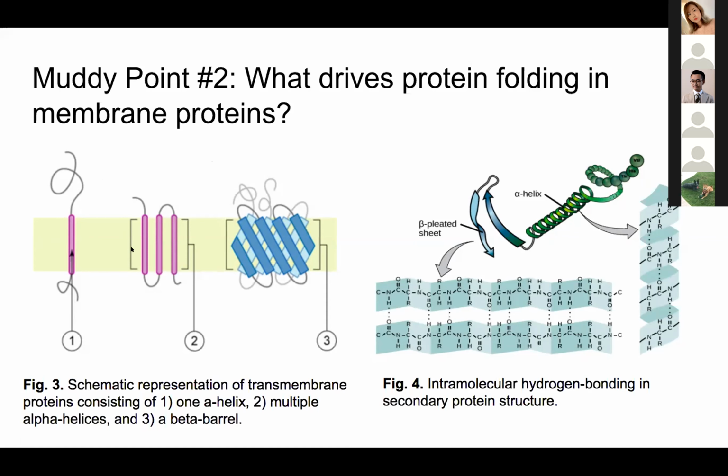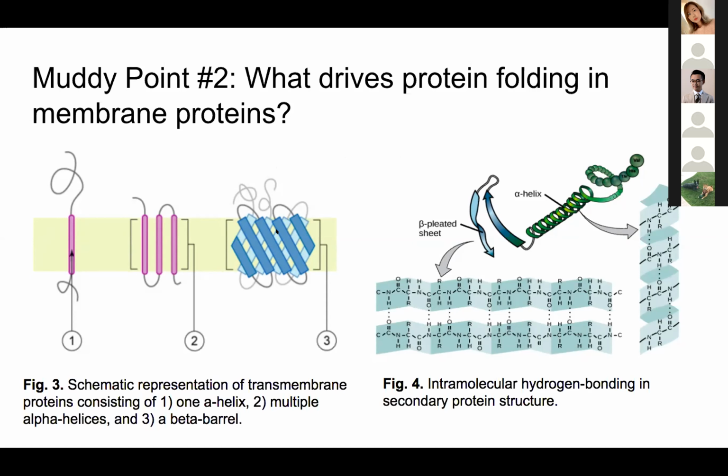But when you're inside the lipid bilayer, you can't get hydrogen bonding with the aqueous solution. You can only satisfy your hydrogen bonding by hydrogen bonding to yourself. So that's why isolated alpha helices are generally stable in lipid bilayers, but are not generally stable when isolated in aqueous solution.